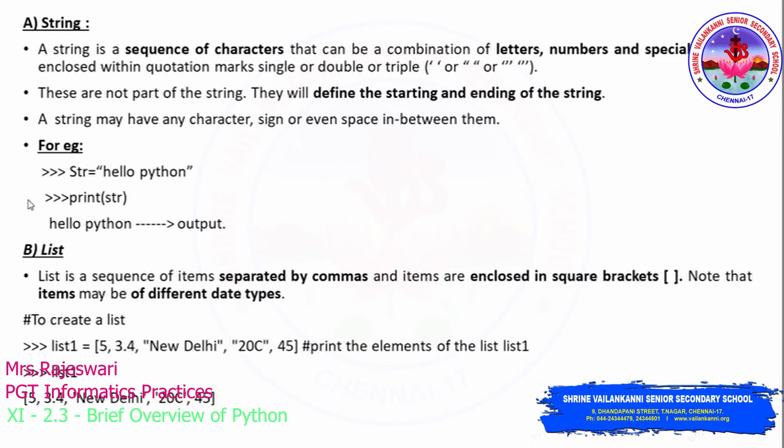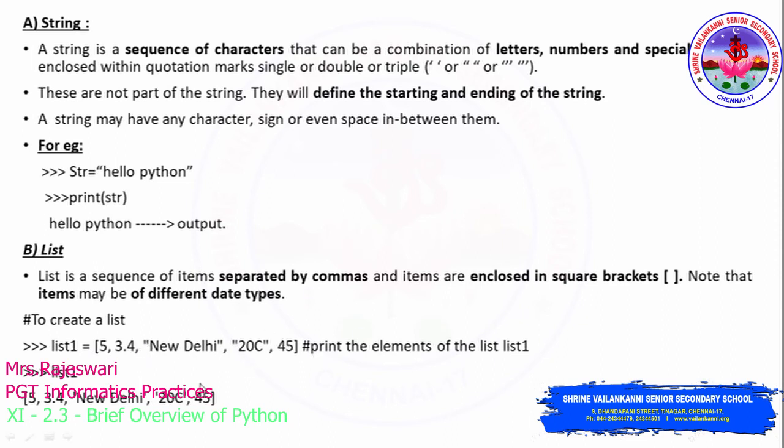So list is a sequence of items where you separate them with commas and all the items will be enclosed within square brackets. This is how you will identify that the data value belongs to the list data type.